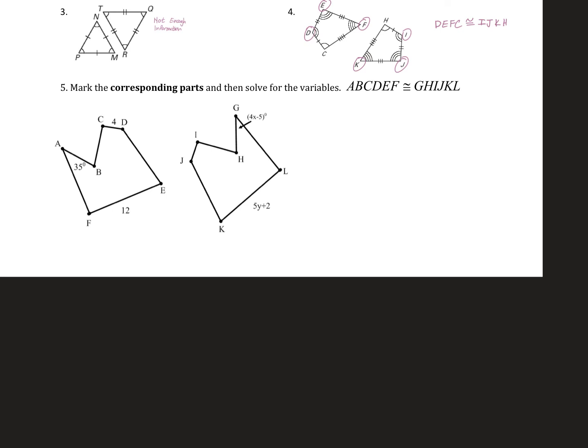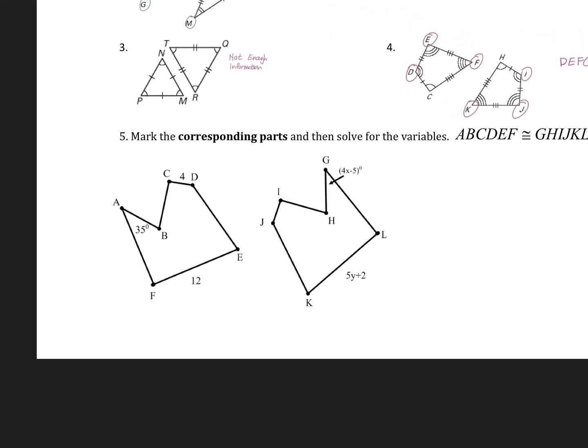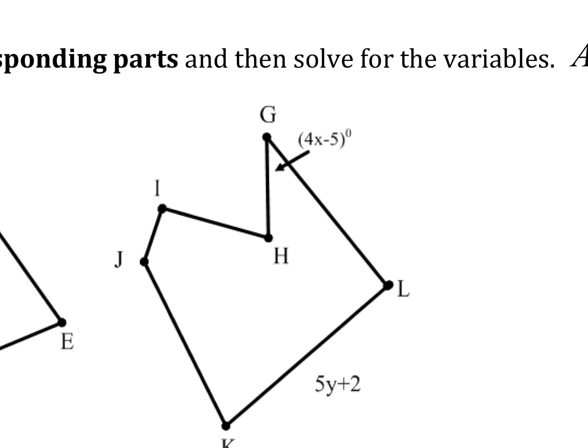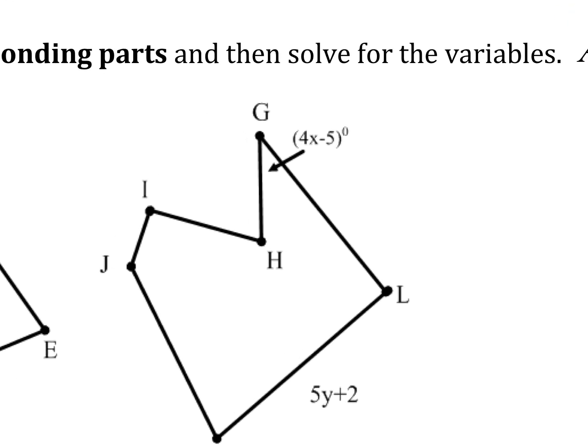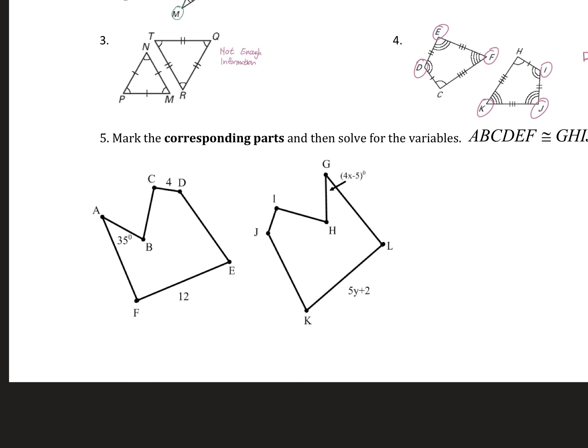Mark the corresponding parts and then solve for the variables. Okay, so I'm actually only going to mark the parts that we are going to use here to solve. So for instance, it's kind of small here, but I can see that I have 4x minus 5. In order to solve here, I need to find the corresponding part in the other figure and see if I have a value for it.